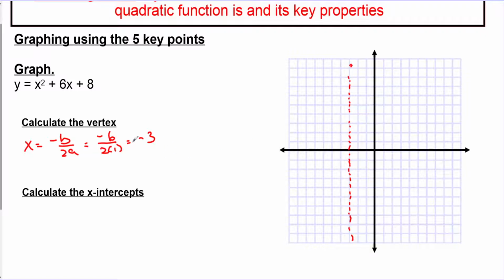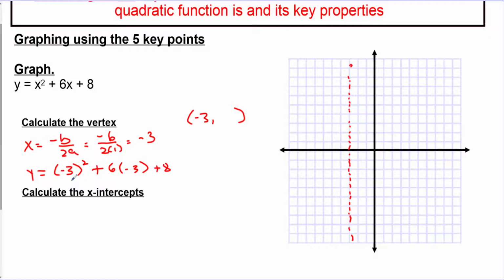So -3 is my x value, and that means my vertex point is going to be (-3, something). In order to figure out the something, we're going to plug in -3. So y is equal to -3 squared plus 6 times -3 plus 8.